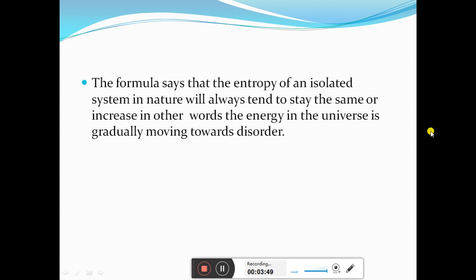Can we reverse the process and bring both the system and surroundings to their initial states? Such processes in nature are not possible. So, the law says that the entropy of an isolated system in nature will always tend to stay the same or increase. In other words, the energy in the universe is gradually moving towards disorder.